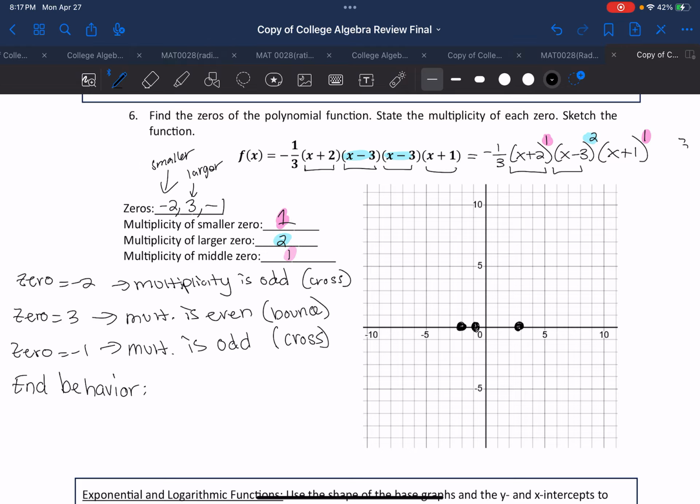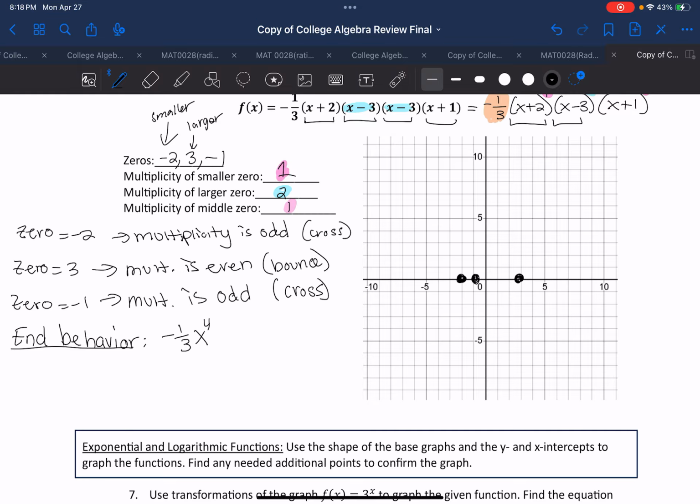So my leading coefficient would be negative 1/3, and the leading term would be negative 1/3 times x to the 4th power. And I got that by adding all these exponents up. We talked about how to do that when we learned about polynomial functions.